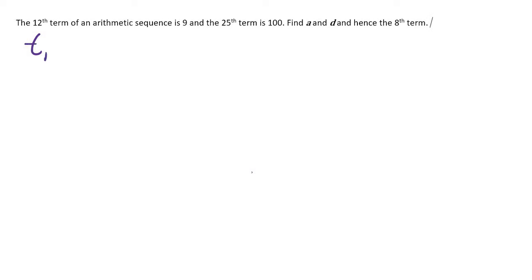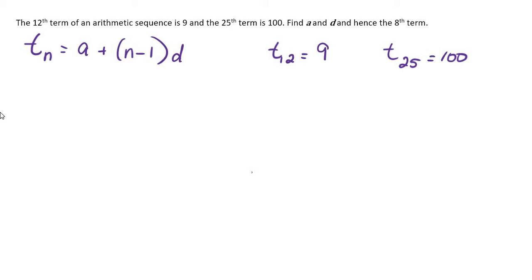So if we know that our nth term can be found by our initial term a plus n minus 1 times d, looking at our 25th term first, when our 25th term is 100, then I've got a plus 25 minus 1, so n minus 1 is 24, times d. I'll call that equation 1.